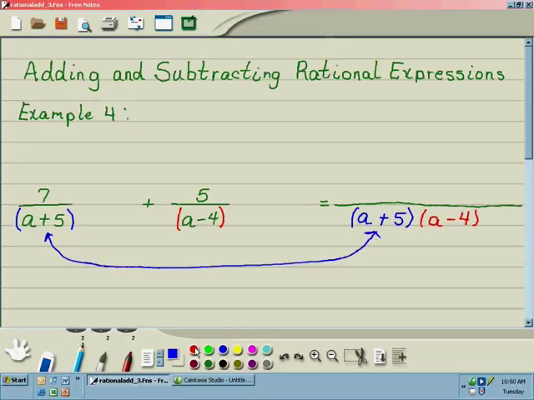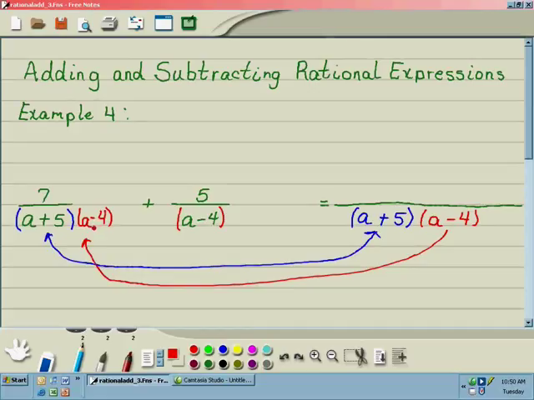What we should notice is that the common denominator has an a minus 4, but our first fraction is what I call missing the a minus 4. So what we want to do is multiply by that a minus 4 so that it has the common denominator.